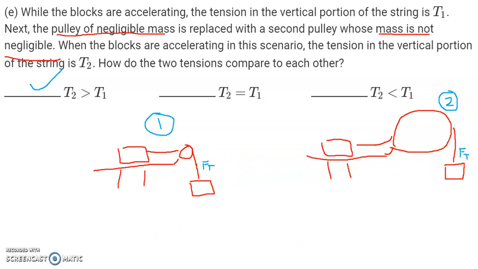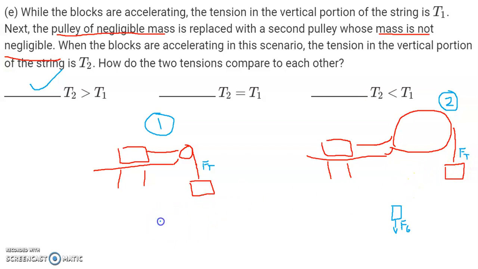Well, if you think about it, it's going to take more. If we look at the free body diagram here, if this is bigger, are the blocks going to accelerate faster or slower? They're definitely going to accelerate slower.